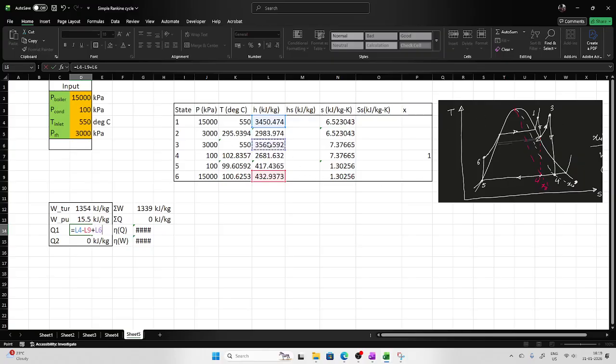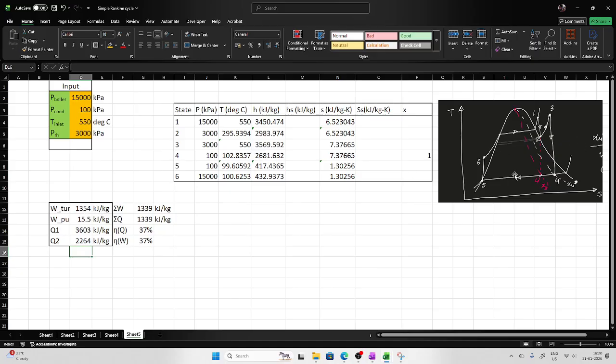Now comes Q2, the heat loss. It is H4 minus H5. Done. So you have your parameters.